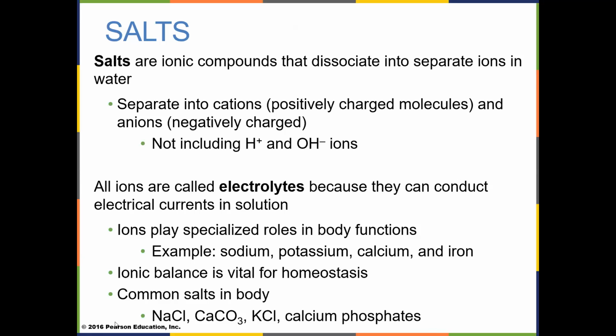So we depend on sodium, we depend on potassium, we depend on calcium, we even depend on iron. Iron is in the middle of the hemoglobin molecule and holds 4 oxygens per hemoglobin molecule. But it's the sodium and the potassium and the calcium.